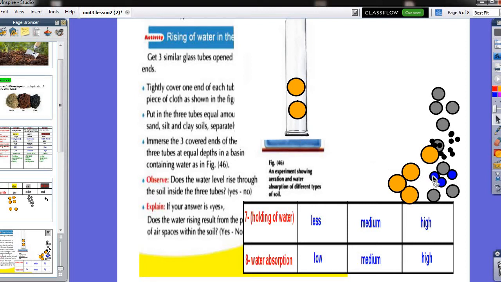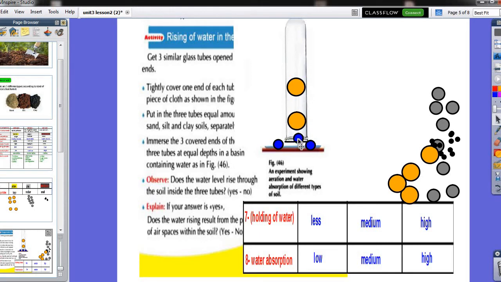I have here the blue particles of water. Then I will immerse the test tube, like we see, in water, and I will observe the rising of the molecules of the water up.